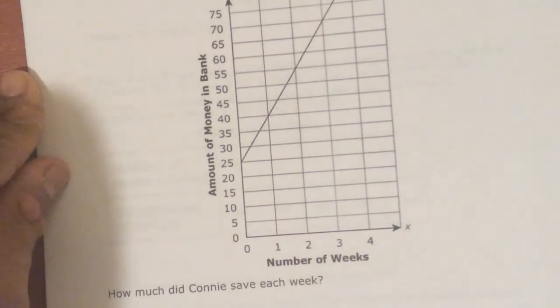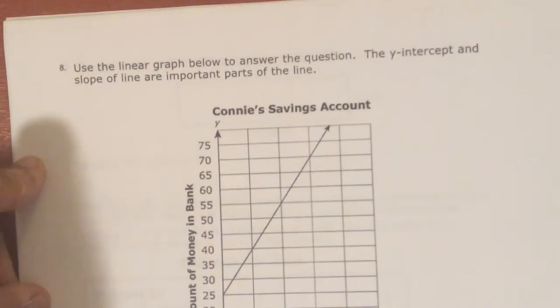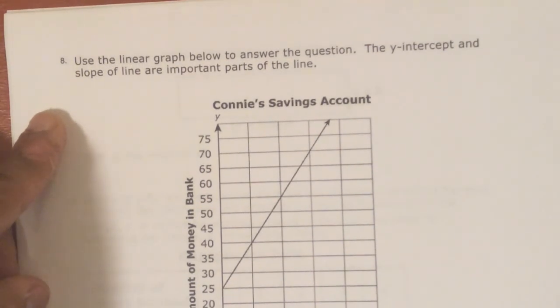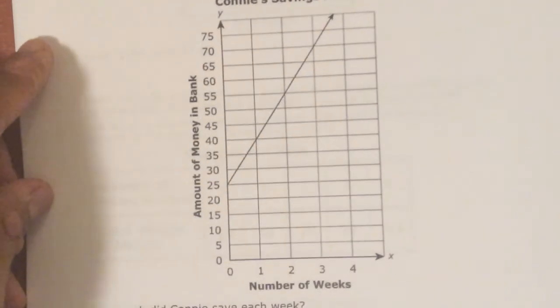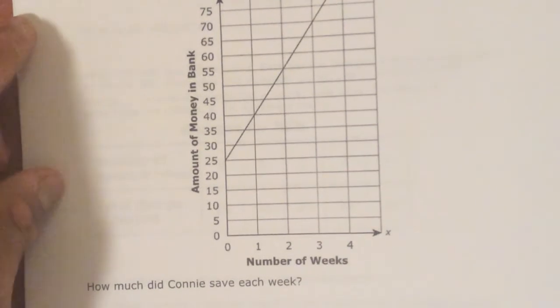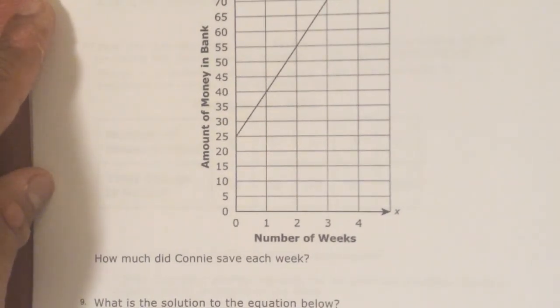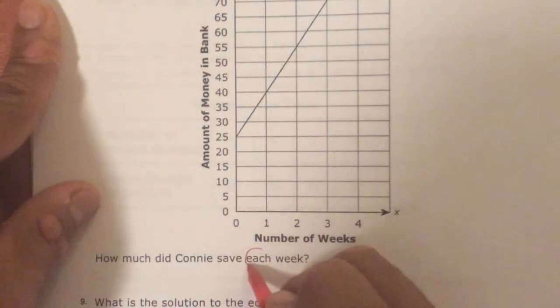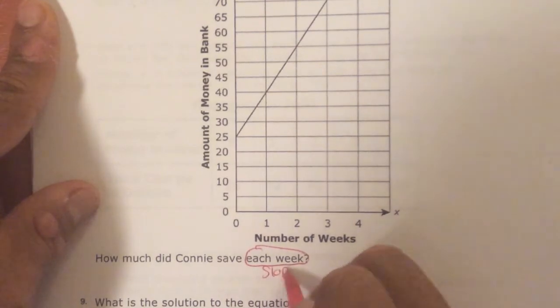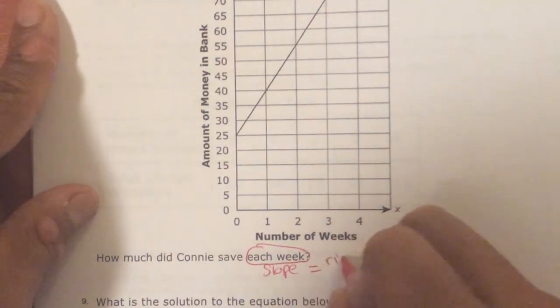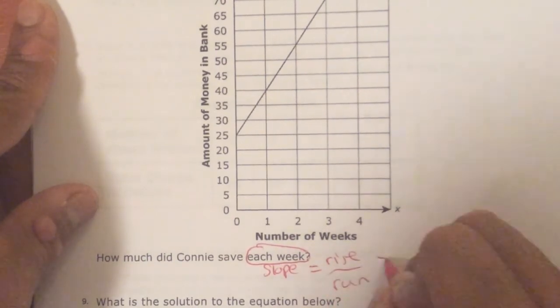Use the linear graph below to answer the question. The y-intercept and the slope of the line are important parts of the line. So there's your graph. How much did Connie save each week? Each week. You should know that means the slope. So remember, slope means the rise over the run.